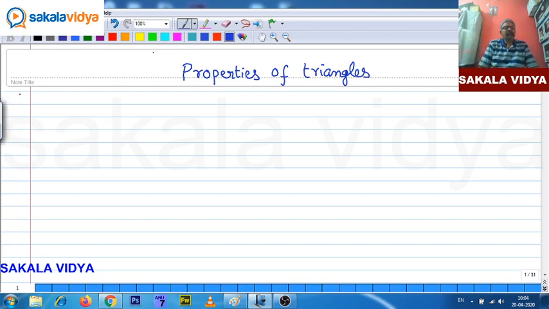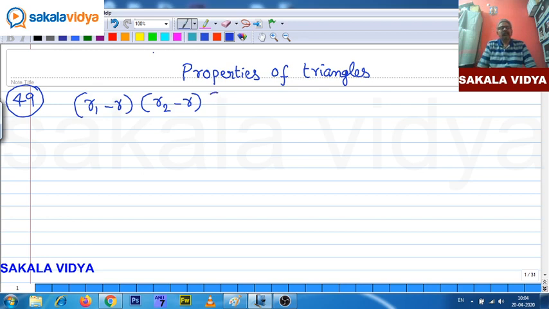Question number is 49. R1 minus R, into R2 minus R, into R3 minus R. First option 4 capital R small r.